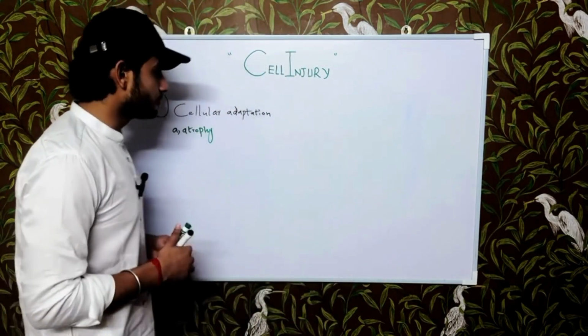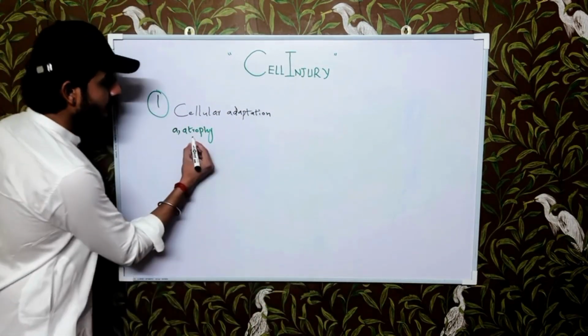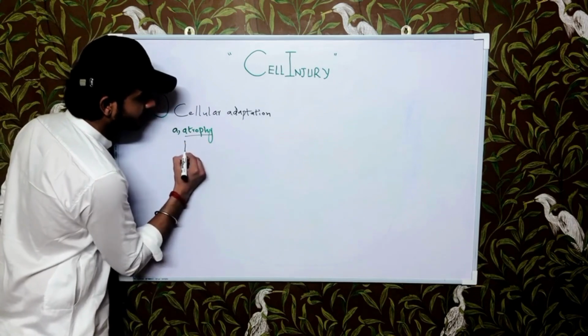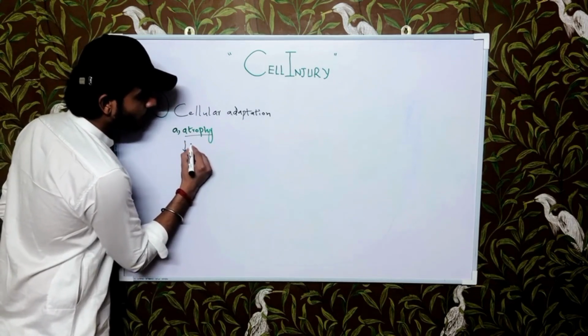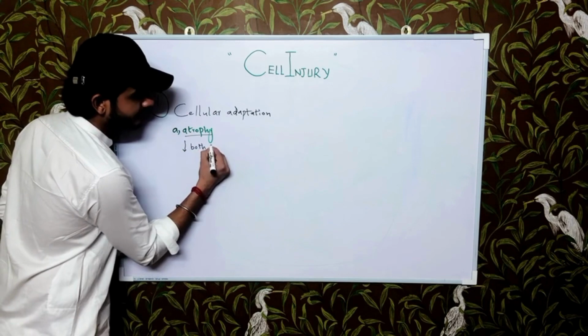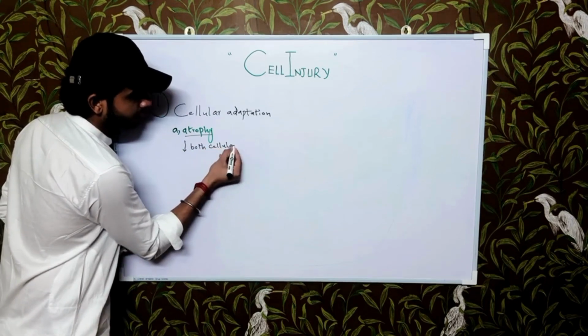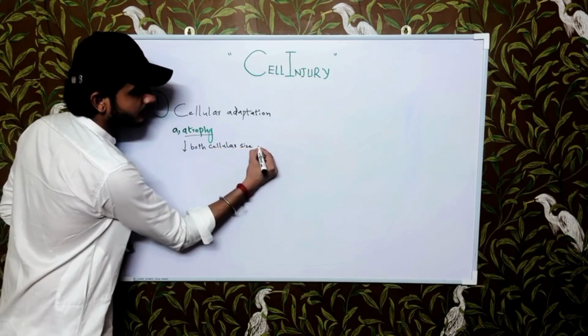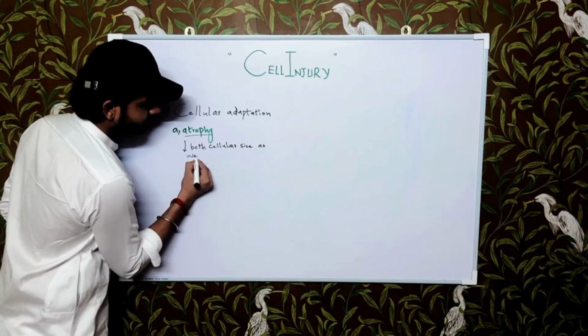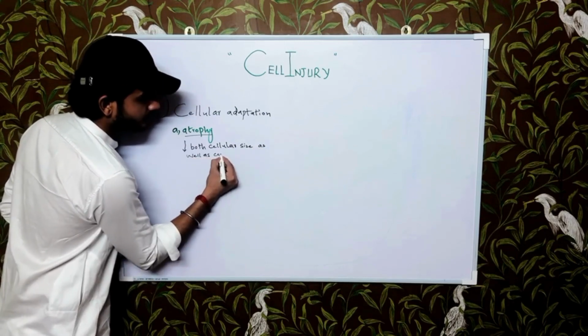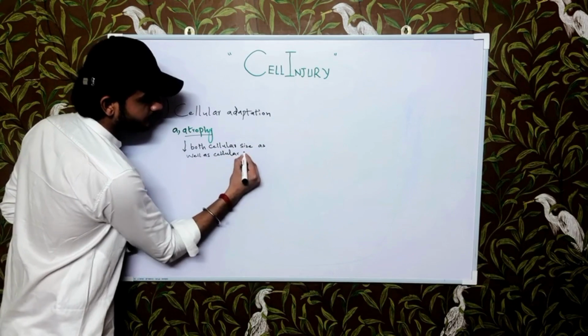It must be clear to you. So atrophy means decrease in both cellular size as well as cellular number.